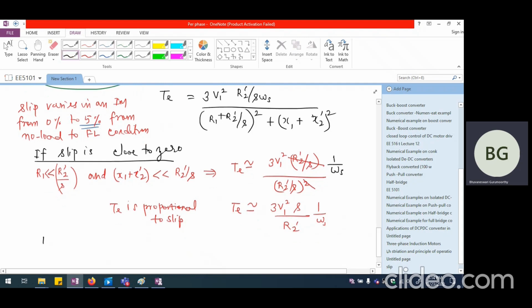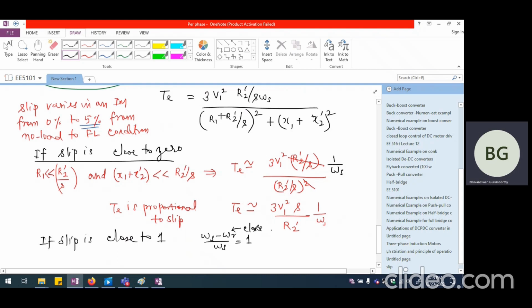Whereas if slip is close to 1, that means omega S minus omega R divided by omega S is 1. So that means omega R is close to 0.